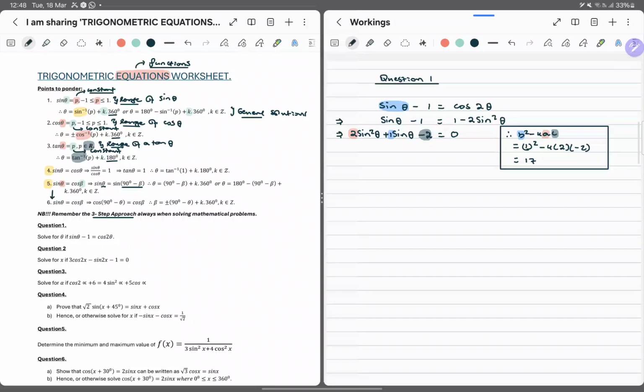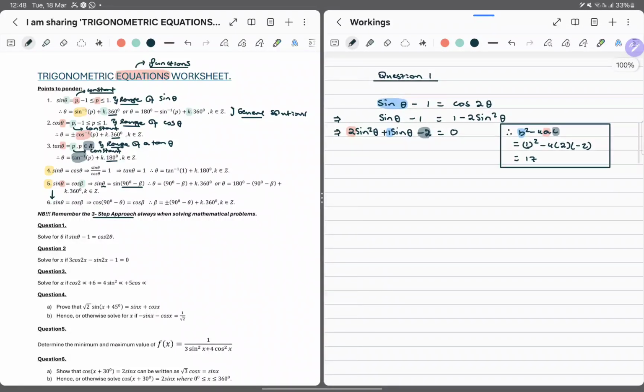So this means that sine theta, remember we're solving for sine theta, it's going to be minus b plus or minus the square root of b squared minus 4ac all divided by 2a.